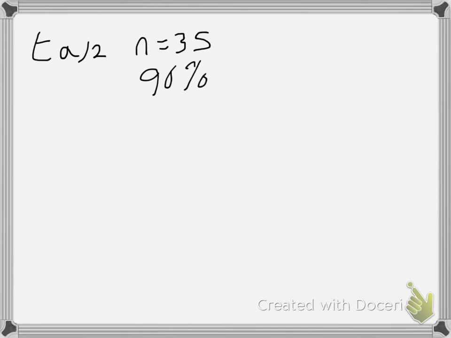Okay. So we have T of alpha over 2 is what I'm looking for. And what if I say n equals 35, and I want a 90% CI? All right, so my degrees of freedom are going to be 34.